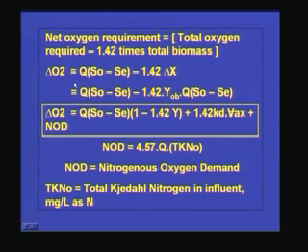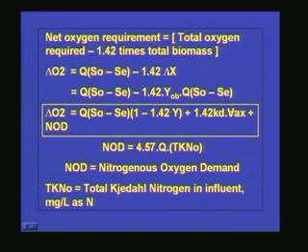So, around 1.42 units of oxygen is required per unit biomass oxidized. In any system, the net oxygen requirement is equal to the total oxygen required minus 1.42 times the total biomass present in the system. And last class we saw the total biomass produced in the system. So, delta O2, the oxygen requirement in the system, is Q into (S0 minus S) minus 1.42 times delta X, where S0 is the initial BOD and S is the effluent BOD.